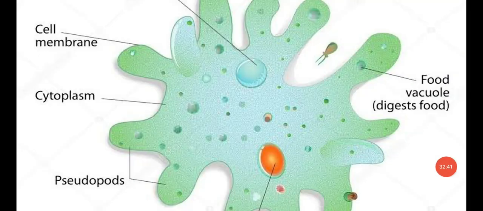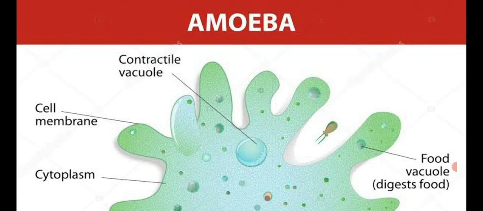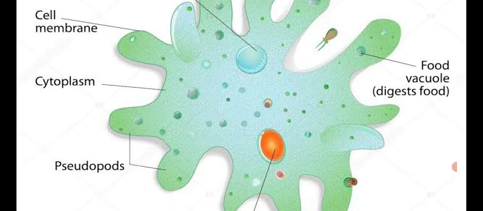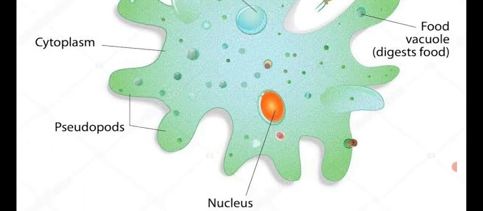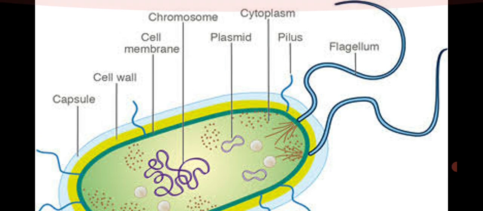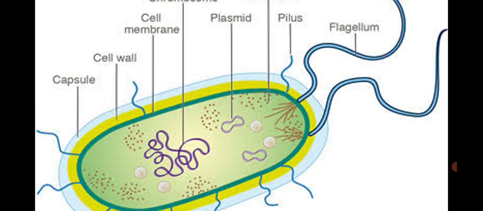Dear students, this is the structure of amoeba. You have already seen and studied it in the lower classes. This amoeba is a unicellular organism and also an example for eukaryotic organism, that means advanced organism. Dear students, this one you also already studied, the structure of bacteria, an example for prokaryotic organism.